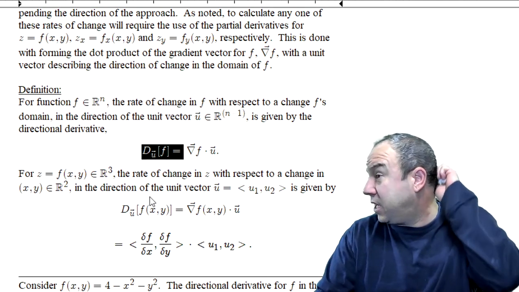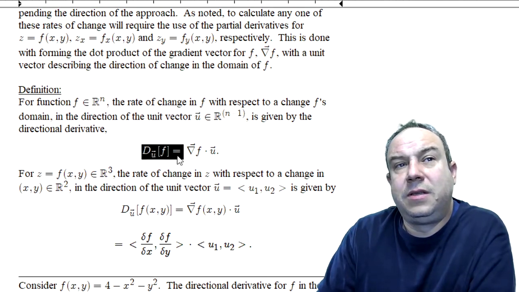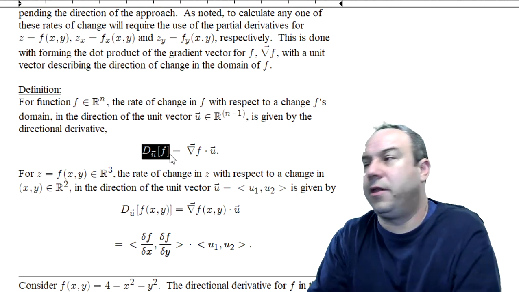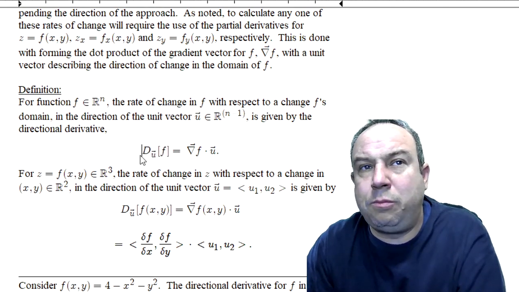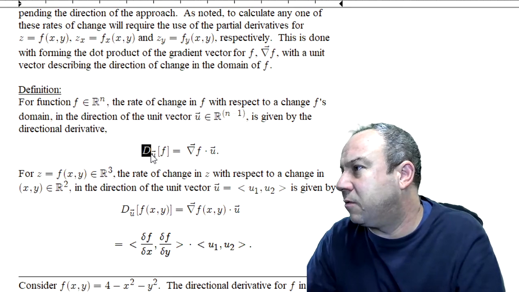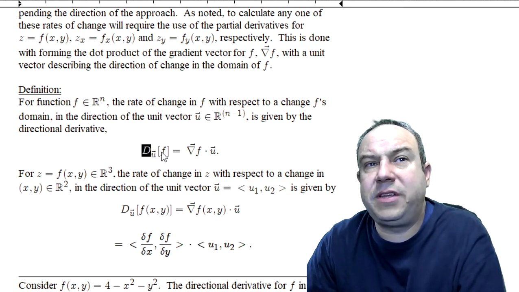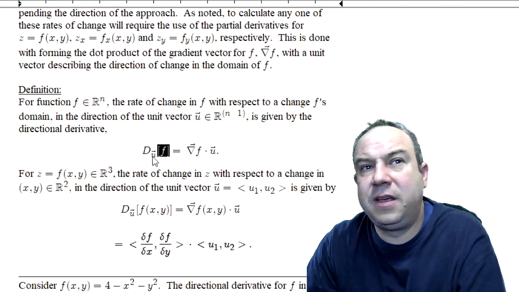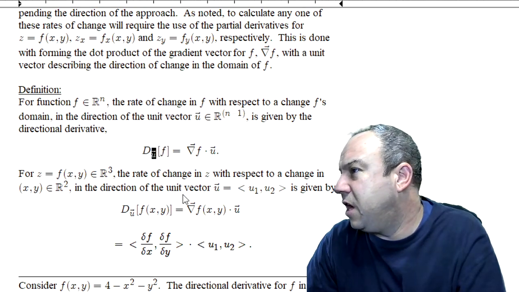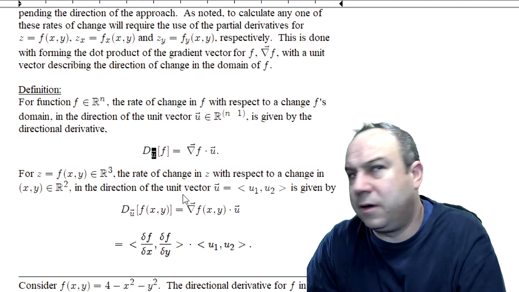Now, here's the notation. This is denoting what we call the directional derivative. We use the big D notation to highlight derivative. This is the derivative of function f in the direction of the unit vector u bar.